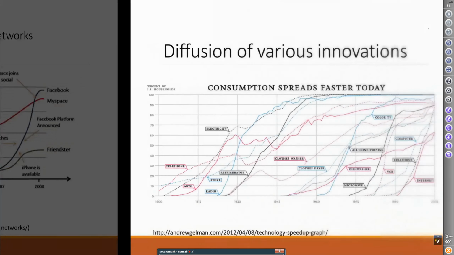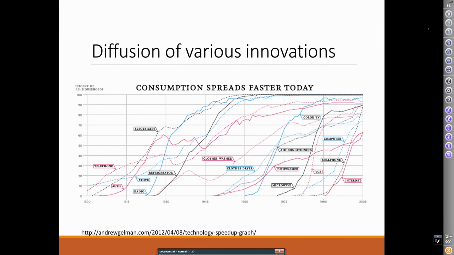Another example: the various innovations tell us that consumption spreads faster today. Here the blue line, for example, is the computer store. Of course, very fast, because most of the industries depend on the computer right now. The Internet, also very fast.